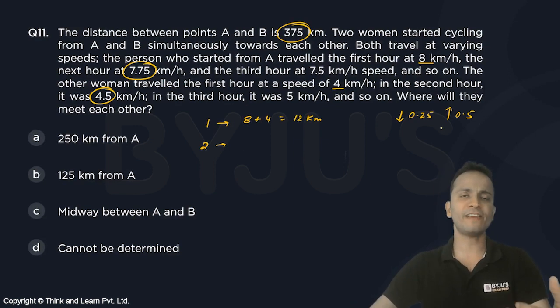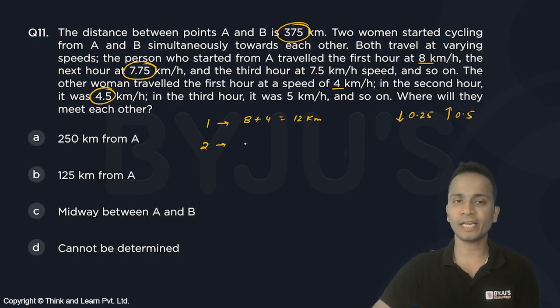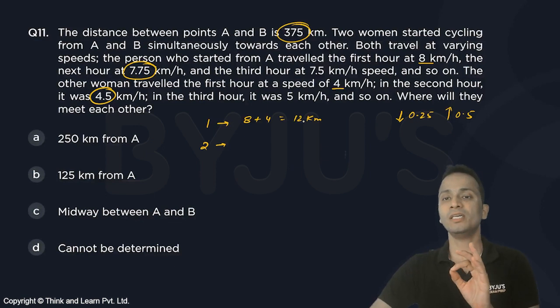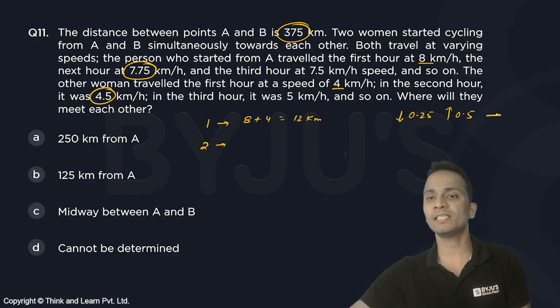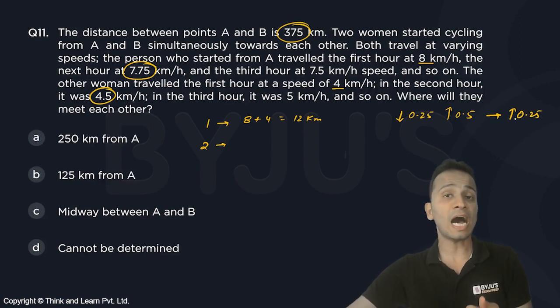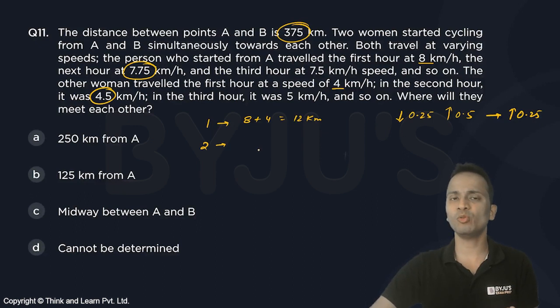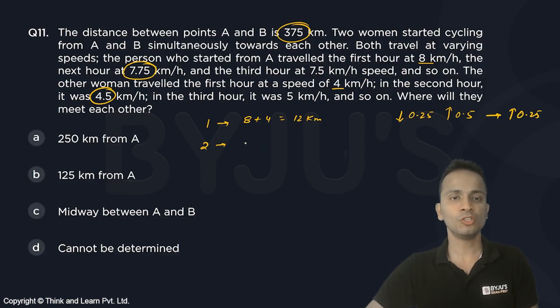So effectively the distance covered in the second hour will be 0.5 minus 0.25, that is 0.25 greater than the distance traveled in the first hour. So the distance traveled in the second hour will be 12.25 kilometers.